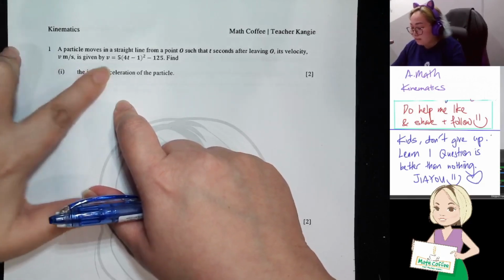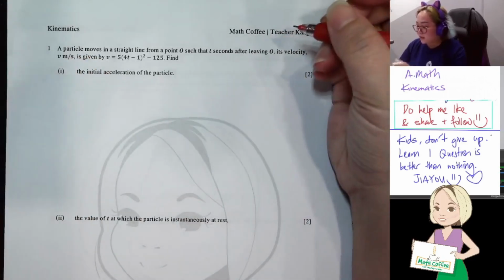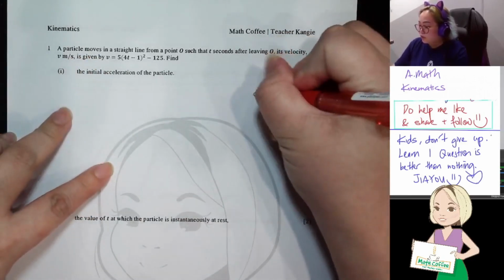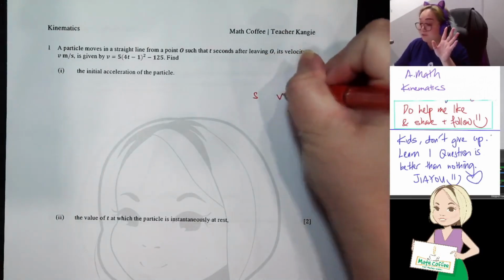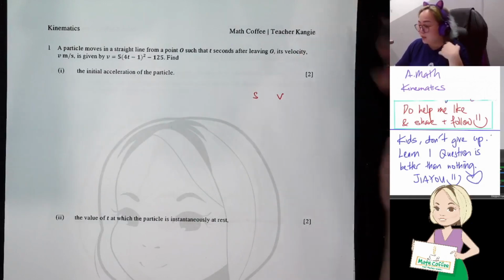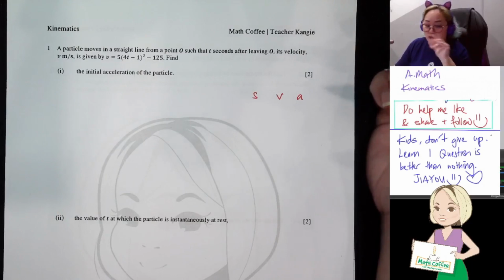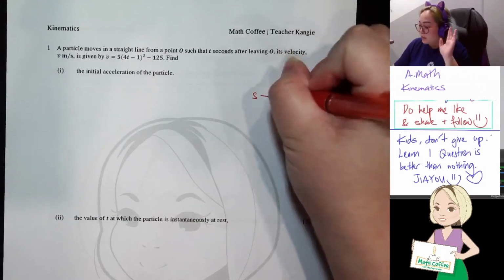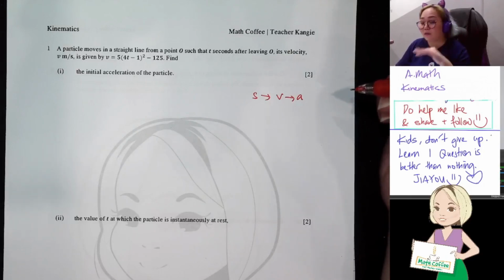Okay, so over here, my v is here. For kinematics, you know that S represents the displacement, v represents the velocity, and a represents the acceleration. So S, V, A. You need to know that in this direction, when displacement goes to velocity, and velocity goes to acceleration, we are using differentiation.